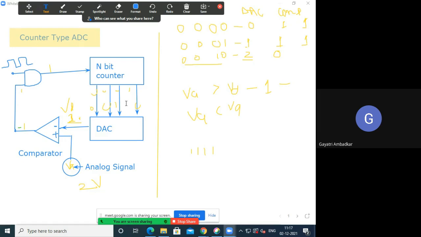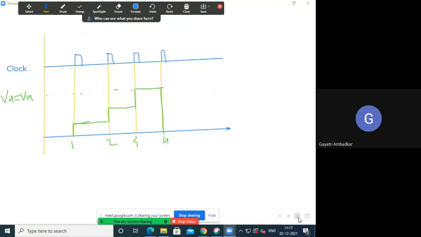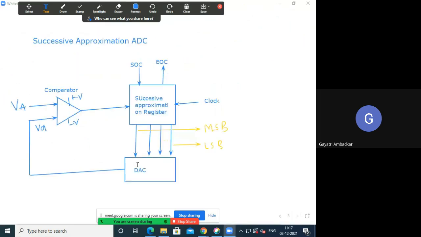Now here see how it works. First a clock pulse passes, then it produces a result, then that result is compared, then the second clock pulse is passed. So after the end of every clock pulse, the n-bit counter makes a digital output available at its output pins. Therefore the conversion time required is 2^n - 1 clock periods. Therefore, these are a little slow. That is the disadvantage. Next we will see the successive approximation register.